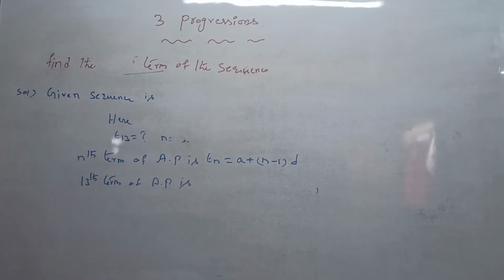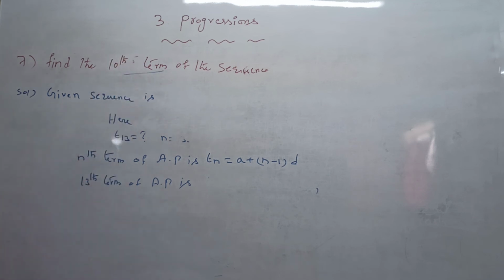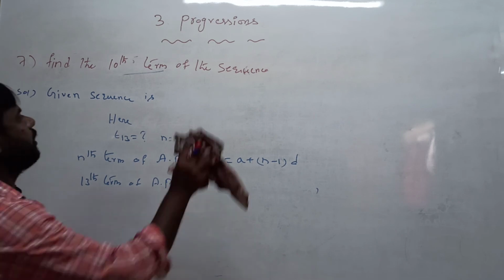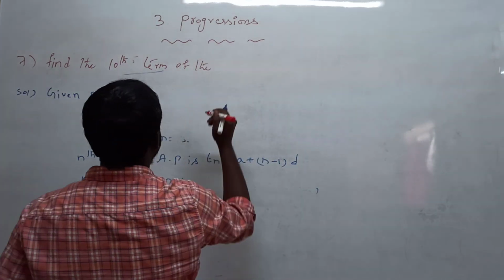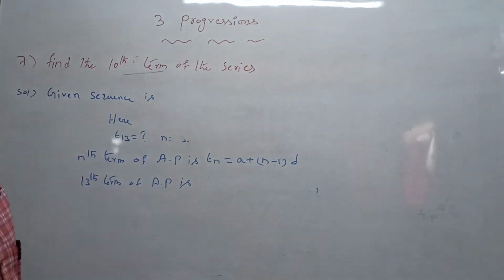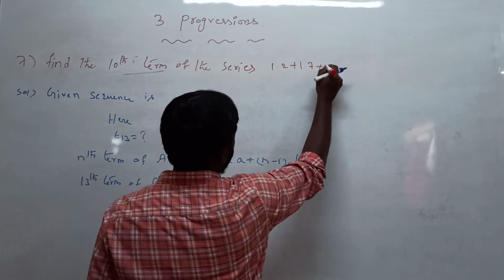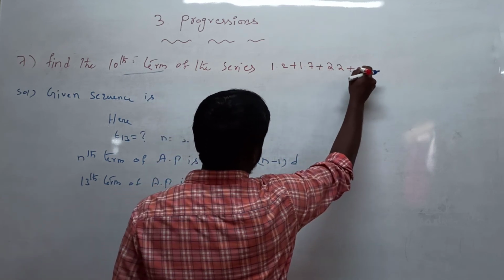Seventh question. Find the 10th term of the series: 1.2 plus 1.7 plus 2.2 and so on.